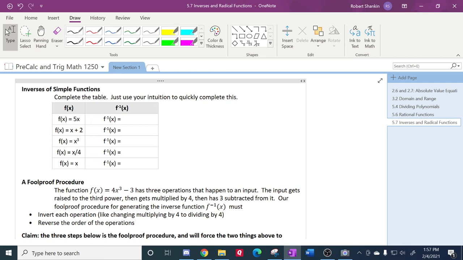Okay, 30 seconds more. Get as many of these as you can, but don't think too hard. Just say, oh, I think this is the inverse function. I think that's the opposite of that.